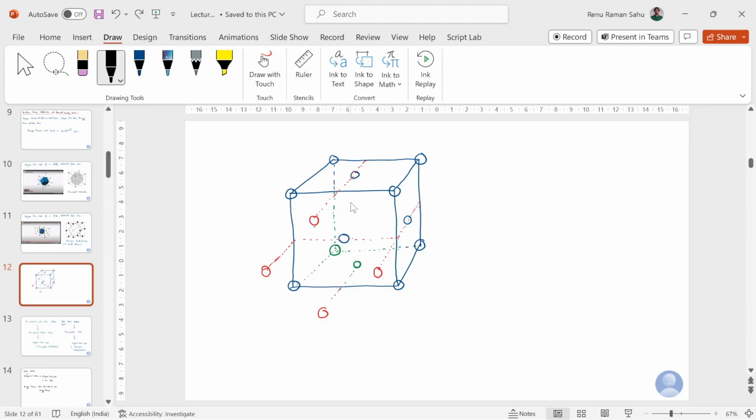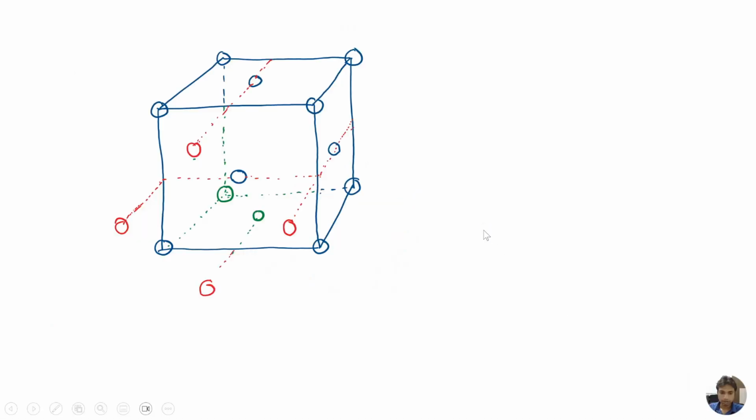This might be a little difficult to imagine, but what I want to convey is, imagine that the one which I am shading now is on the plane of the screen.